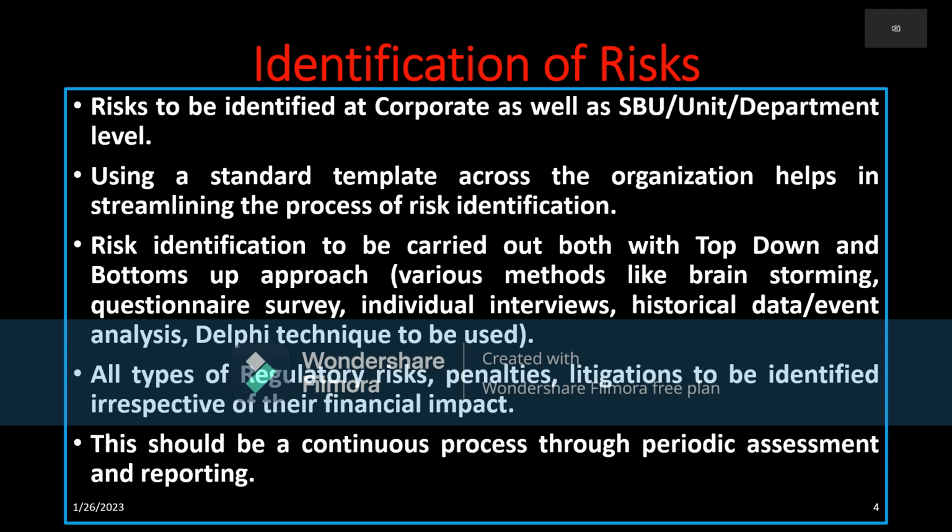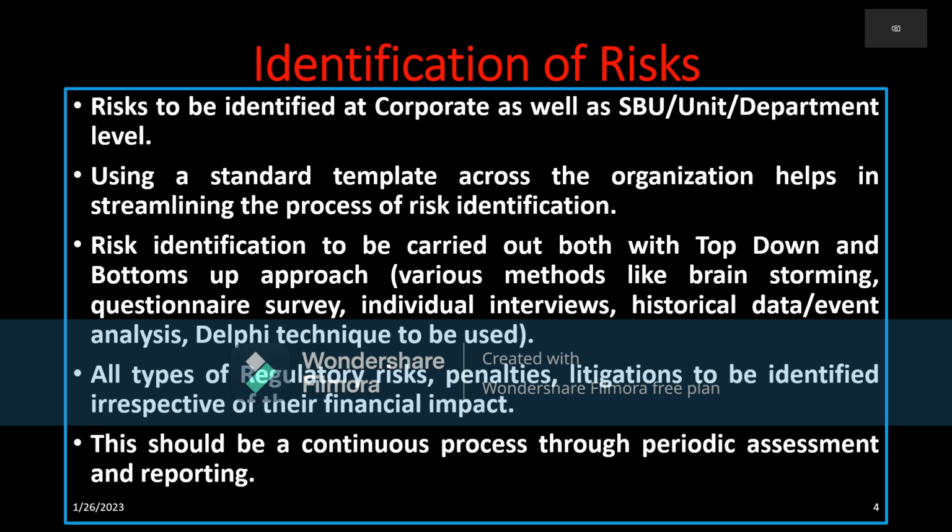Identification of risks. Risks are to be identified at corporate as well as SBU, unit or department level using a standard template across the organization, which helps in streamlining the process of risk identification. Risk identification is carried out both with top-down and bottoms-up approach.